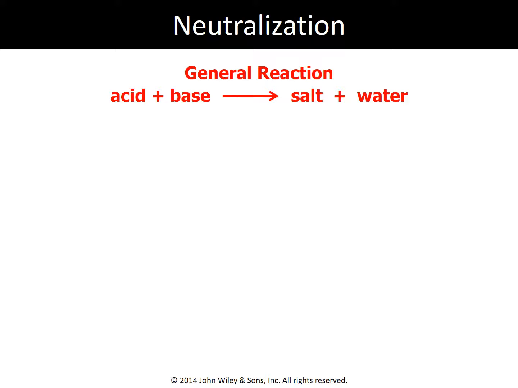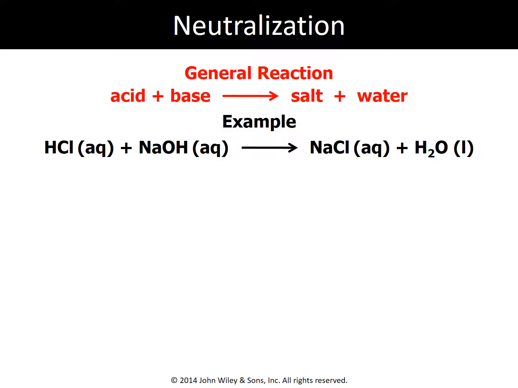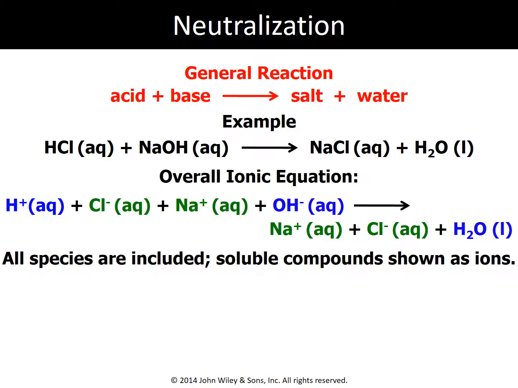Our neutralization reactions involve looking at species when we combine both acids and bases. Two of the most important acids and bases that we've used for examples are hydrochloric acid and sodium hydroxide. When we combine those together, we're going to get sodium chloride and water.